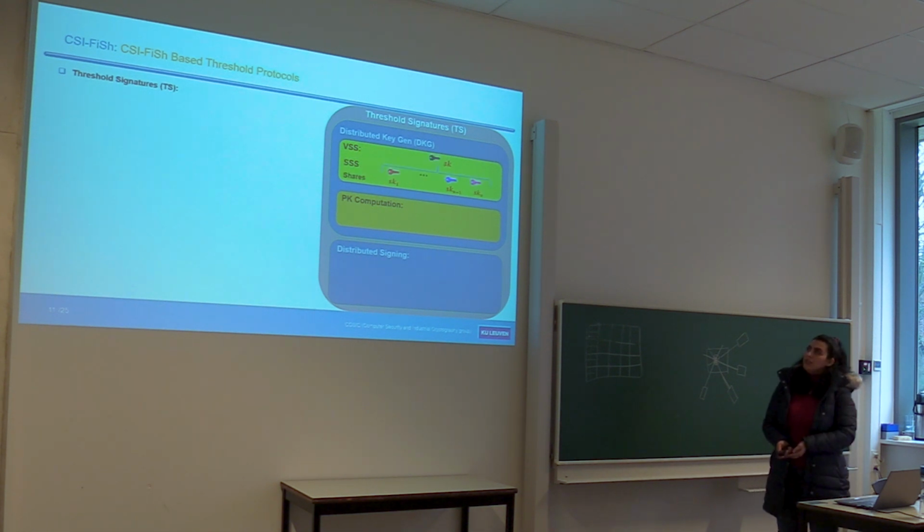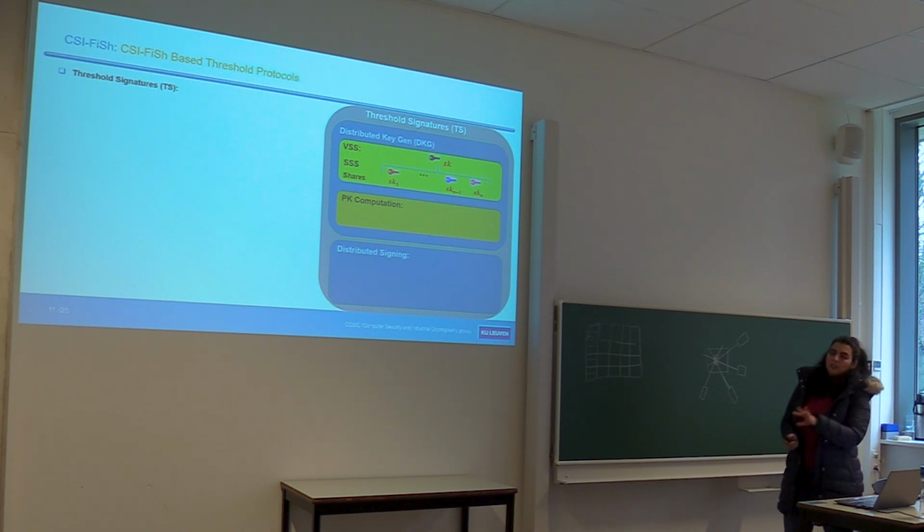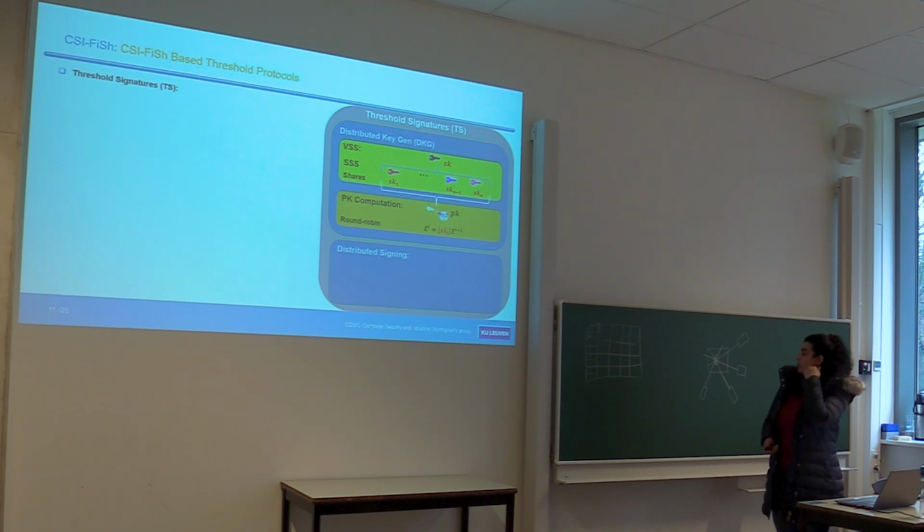In verifiable secret sharing, we have a secret SK, and using some secret sharing technique, for example Shamir secret sharing, we share this secret among the parties, and these are the shares of each party. Then in the public key computation, the parties compute the public key, or the verification key, based on the secrets that they have, in a round-robin way.